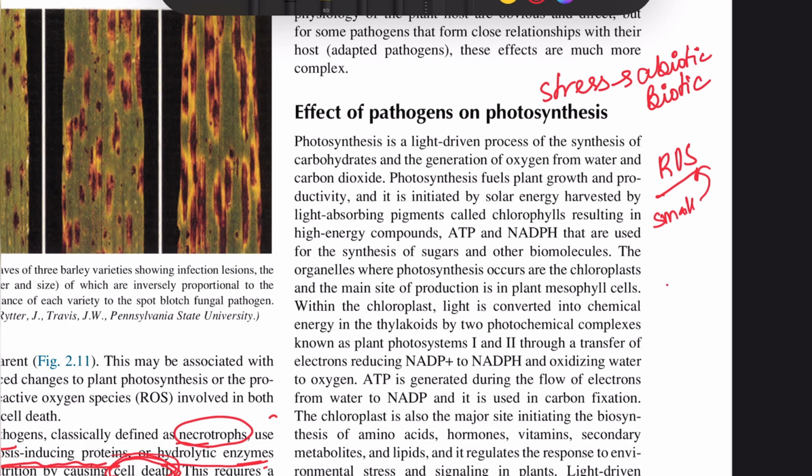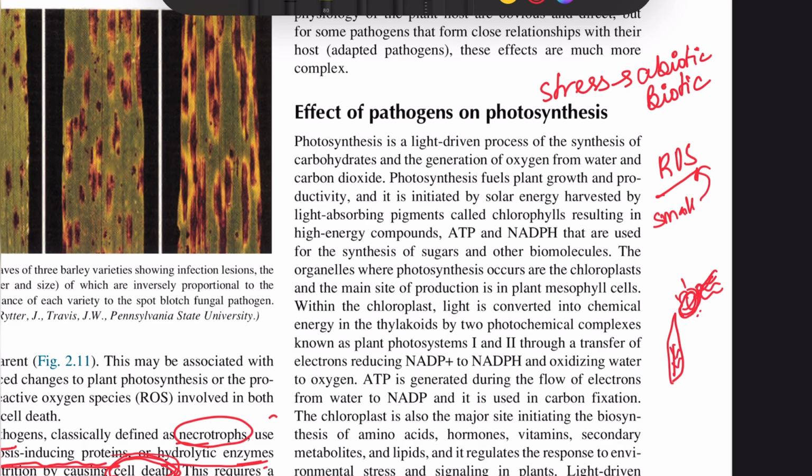Like if this is a plant and there is one pathogen, I don't know what I tried to draw, consider it a bacteria, this is the flagella, this is the leaf.